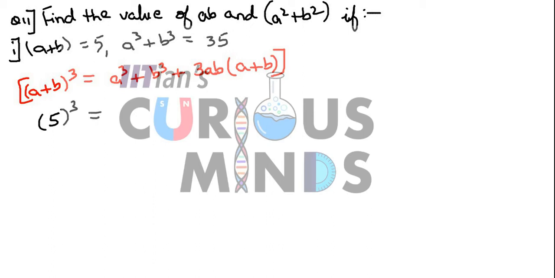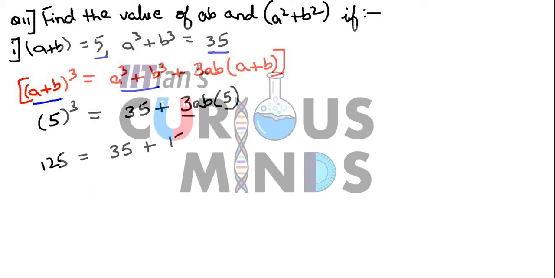Therefore, as per the formula, 5 cube is equal to 35 plus 3AB into 5. Since the value for A plus B is 5 and A cube plus B cube is 35, therefore 125 is equal to 35 plus 3 5s are 15AB.